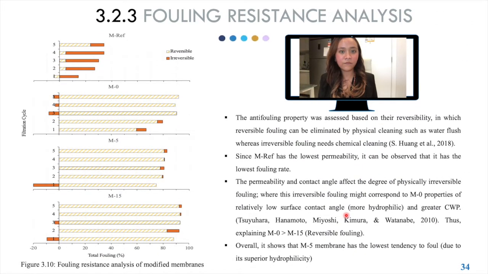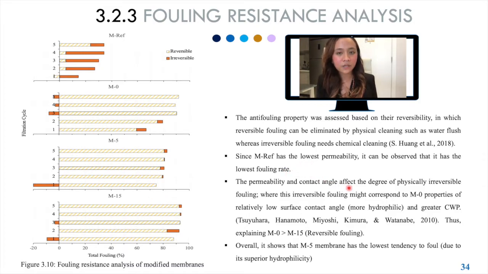For the anti-fouling property, this was assessed based on reversibility, in which reversible fouling can be eliminated by physical cleaning such as water flush, whereas irreversible fouling needs chemical cleaning. Since MREF has the lowest permeability, it can be observed that it has the lowest fouling rate.